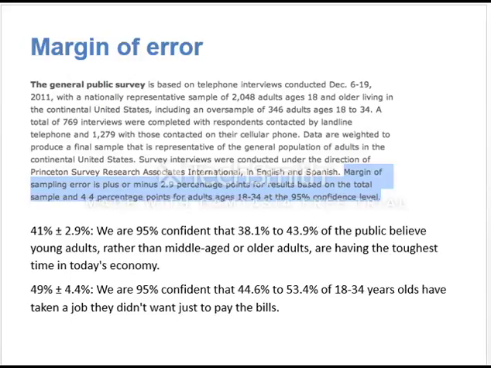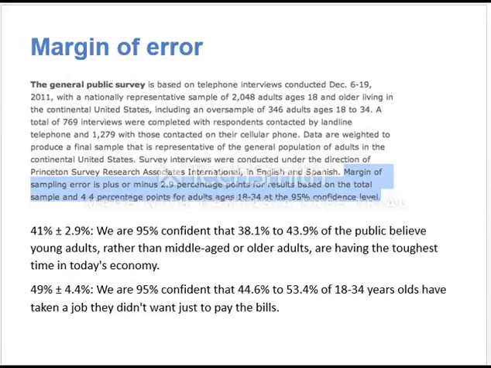So this is often how things get reported in the media, but I want to give you how statisticians read and understand these results, okay? So this is saying that the proportion who agree that young people in the United States are having a tough time in today's economy is 41% plus or minus that margin of error of 2.9%.